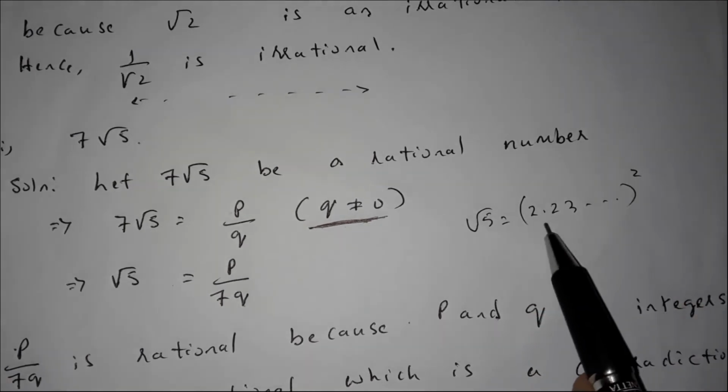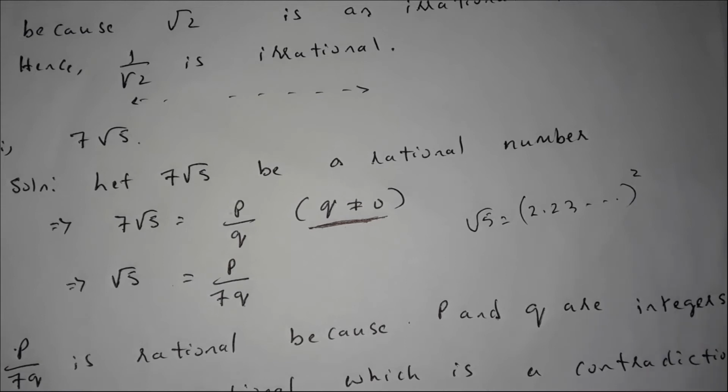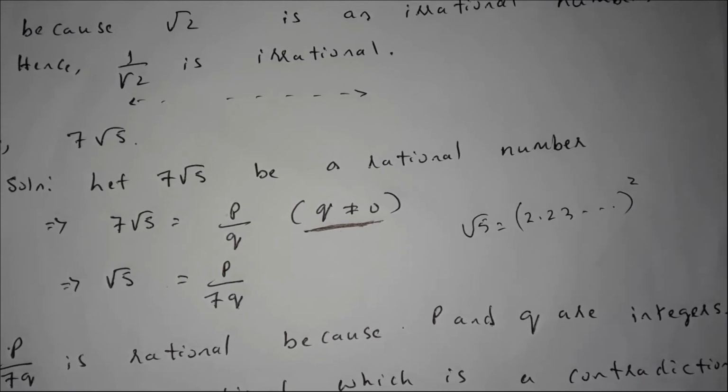This number is non-repeating, non-terminating, and therefore root 5 will never get a perfect fraction. So it is not a rational number. Remember, rational number means the fraction should be perfect. You should get a fraction which ends, not a fraction which does not end forever. A fraction which ends is a rational number.